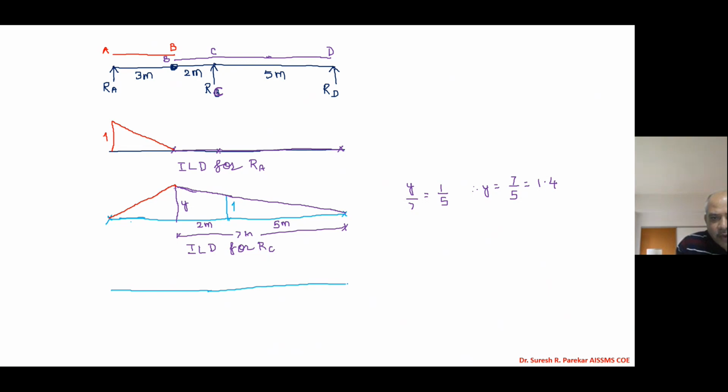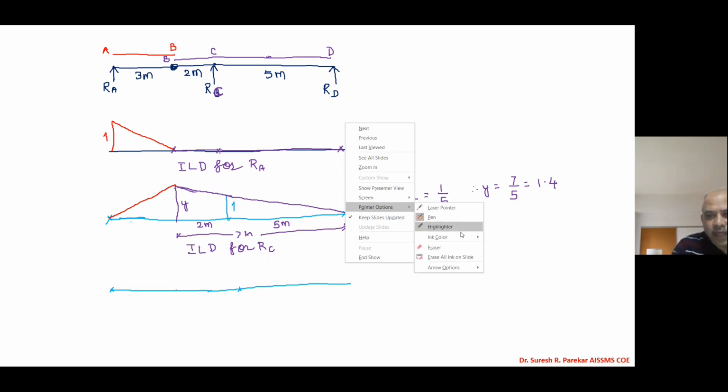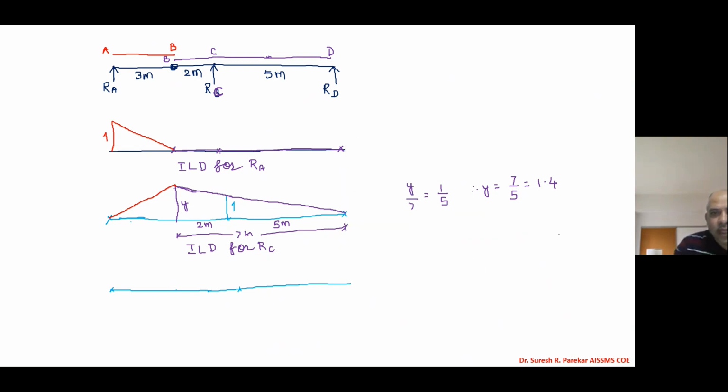Now we will go for values. We know the value for RD is 0 over here. The value at B we do not know. The value at C should be 0, and the value at D should be 1. So we now know 2 values, for BCD we have the value 1 here and 0 here, so I will connect this.